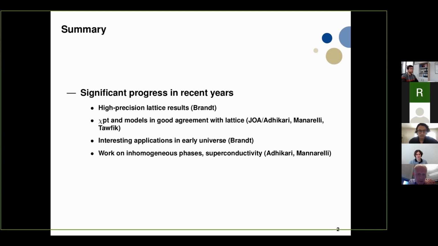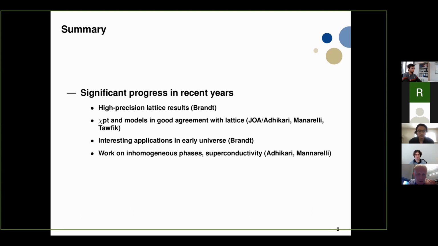And I think that what has really driven the field for the past 5 years or so is the lattice results. If you go back almost 2 decades, lattice results for finite isospin did exist, but they were not high precision as of today.